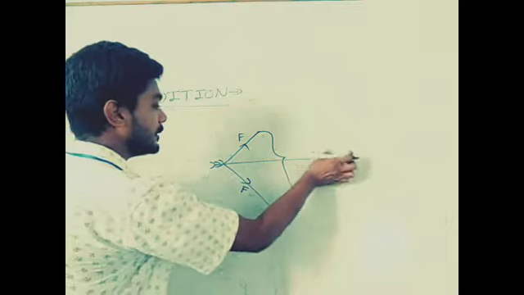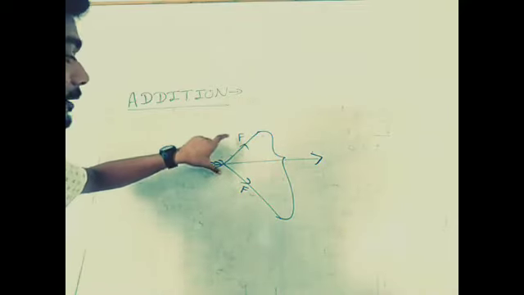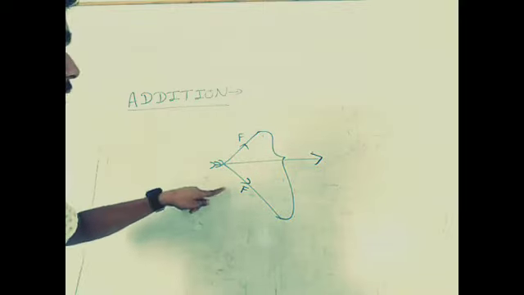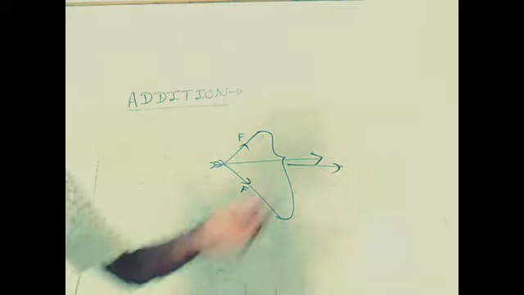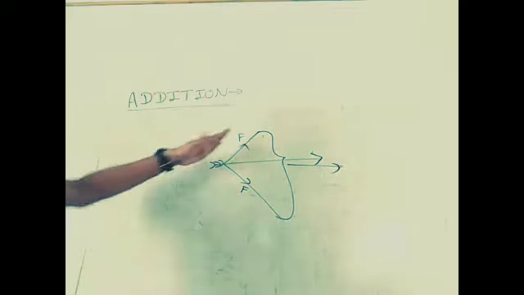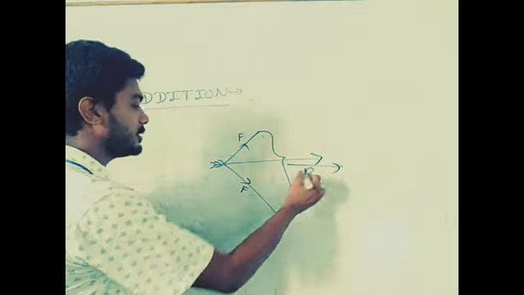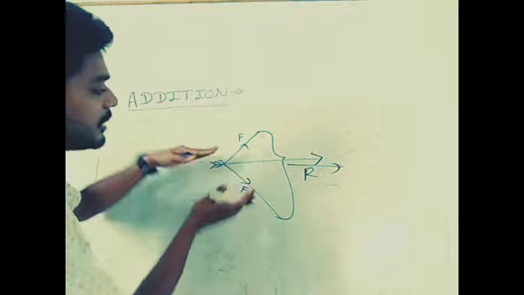The effect means the resultant. Resultant means the final effect of these two forces, in the direction of the arrow. The arrow moves in this direction. These two forces are acting in different directions, but the resultant is in the middle. You can see the resultant is between the two vectors.